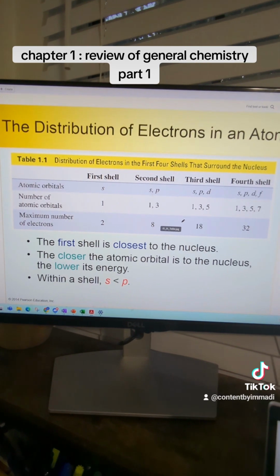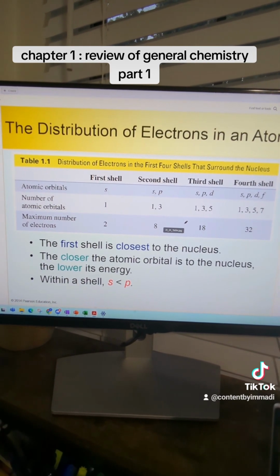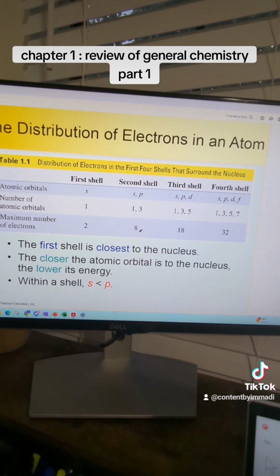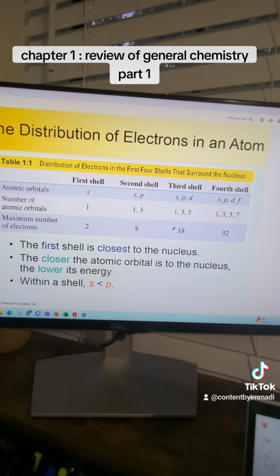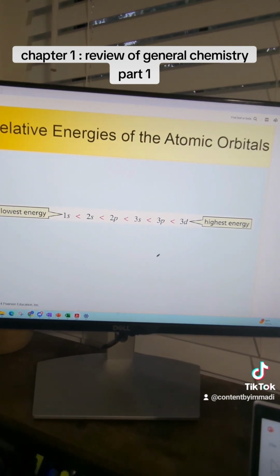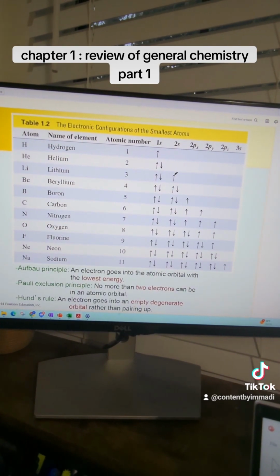D has 5 atomic orbitals and can fit up to 10, and F has 7 and can fit up to 14. But the first shell fits 2, the second shell 8 because of S and P, the third shell 18, and this becomes very understandable once you start looking at it this way.